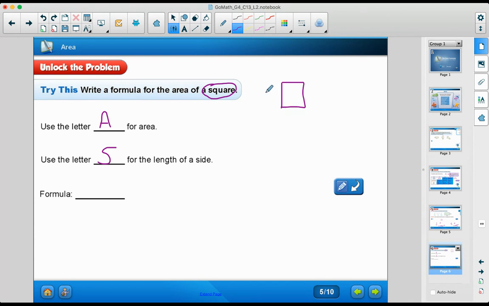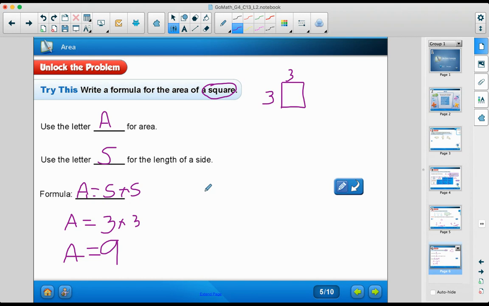So if they only give you 1 side, which is 3, I know that I can do the formula area equals S, the side, times this other side. If I know this is 3, then I know this is 3. So the area equals 3 times 3. The area equals 9.